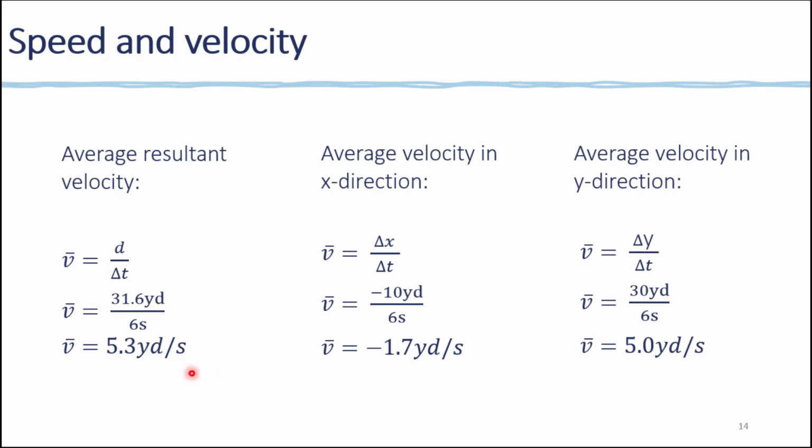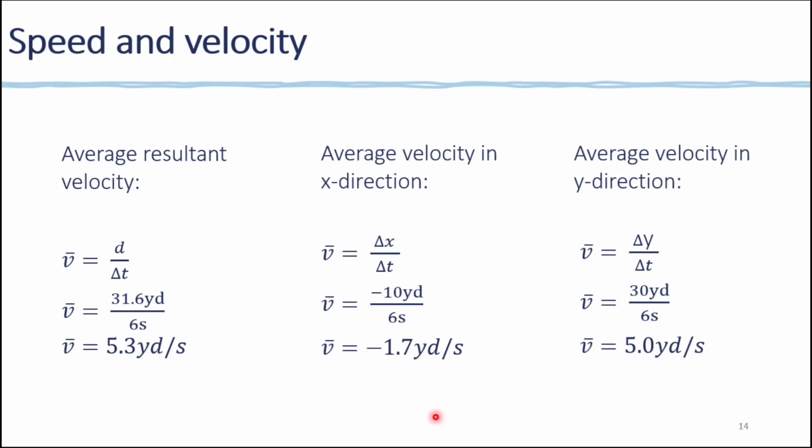Now, we could also split that velocity into its x and y components by simply applying that same velocity equation just to the displacement in the x direction and in the y direction separately. And we end up with average velocities in each of those directions.